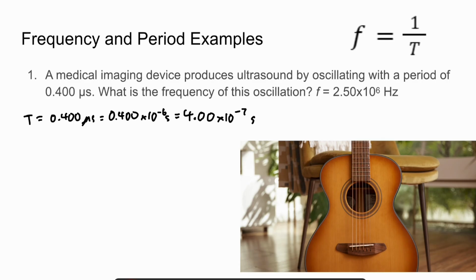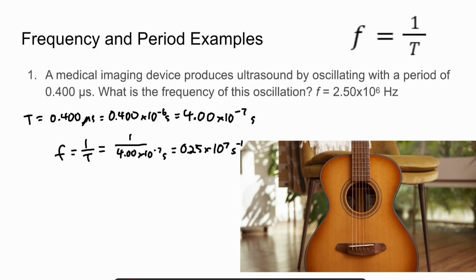And we want to figure out what our frequency is. So we know that frequency equals 1 over T. So frequency is the inverse of our period. And so if we take 1 divided by our period, 4.00 times 10 to the negative 7th seconds, 1 divided by 4 is 0.25. And then 1 divided by 10 to the negative 7th is 10 to the 7th. So that really gives us 0.25 times 10 to the 7th inverse seconds.